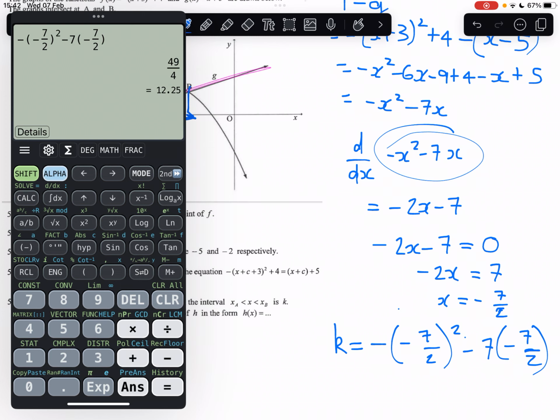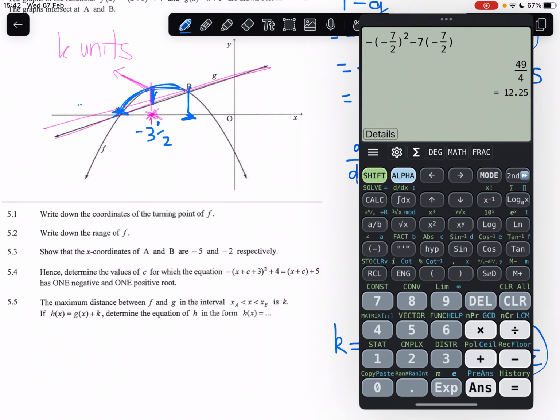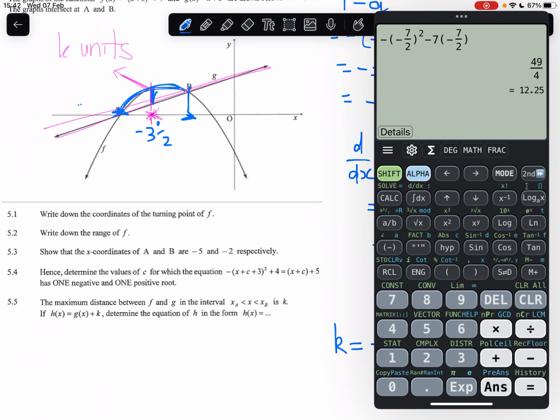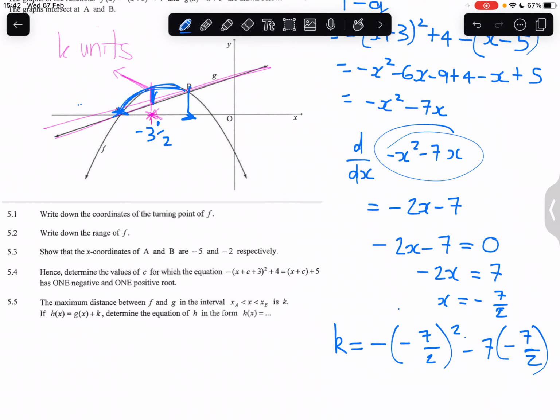So that distance is 49 over 4. Now we know that the maximum distance between f and g in this interval is 49 over 4. So k is 49 over 4.